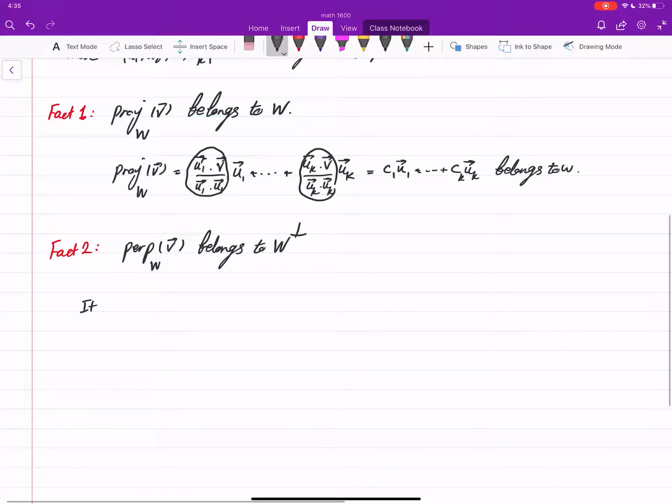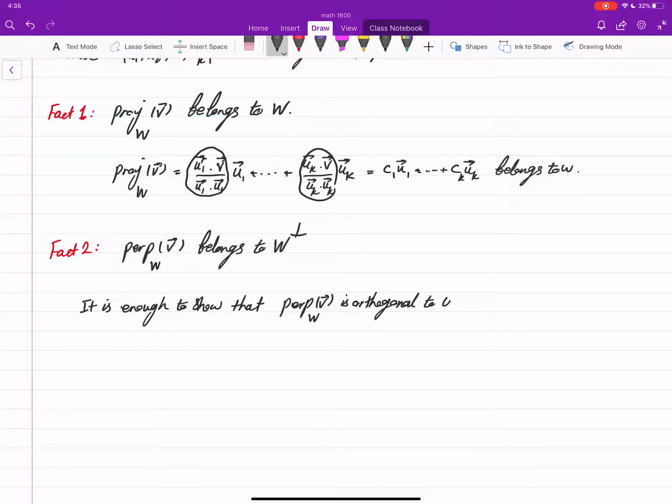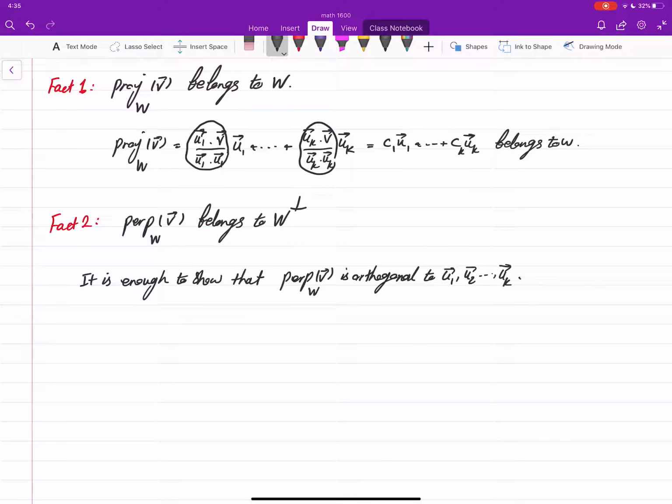It is enough to show that perp of V over W is orthogonal to U1, U2 up to UK, because the span of those vectors is W. If you know that, then just find U1 dot perp of V over W.